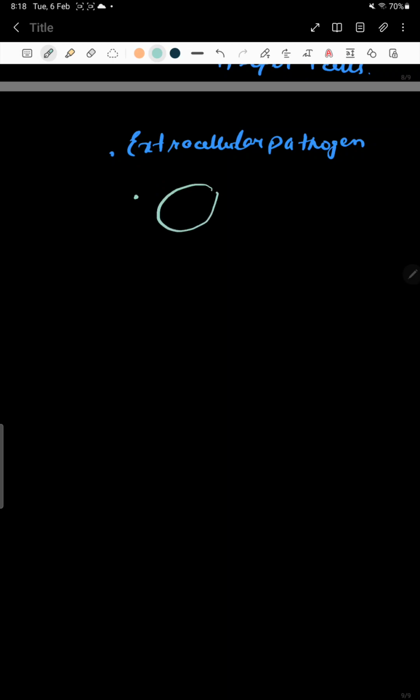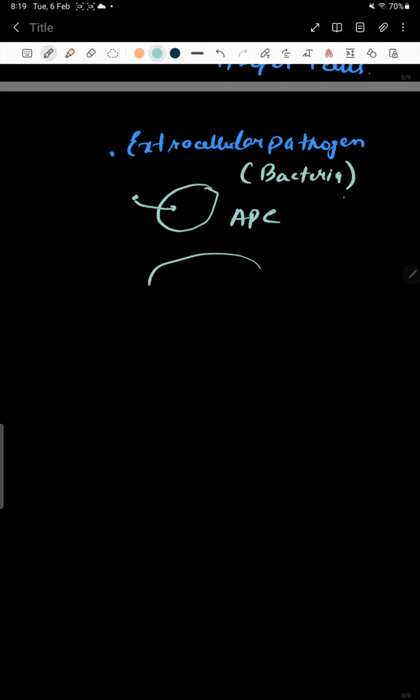Now there is an antigen presenting cell. Let this extracellular pathogen be a bacterium. This bacterium will enter inside the antigen presenting cell, meaning the antigen presenting cell will engulf the extracellular pathogen.